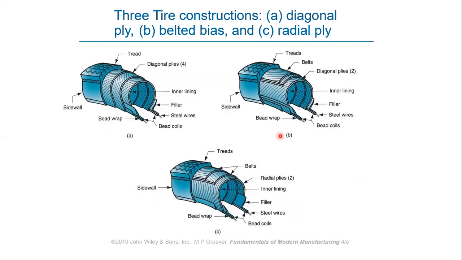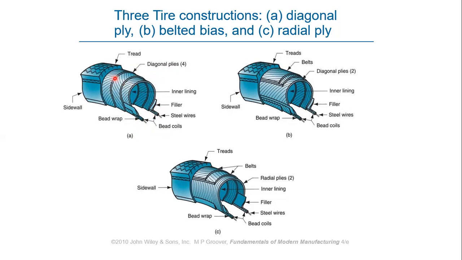If you look at the internal structure of a tire, it involves bead coils. These are the initial part, and they interlock with the rim of the vehicle. Then there will be inner linings and also filler between the inner linings to fill the gap, and the plies.